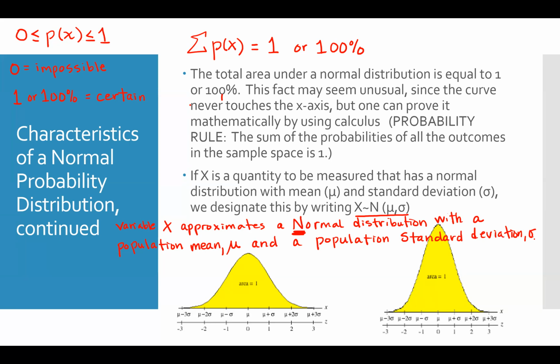Okay, so those are our characteristics of a probability distribution. It is continuous, it is symmetric, it is bell-shaped. The shape is determined by two numbers, the population mean and the population standard deviation. The total area under the normal distribution is equal to 1.